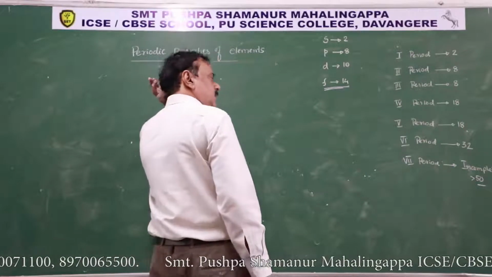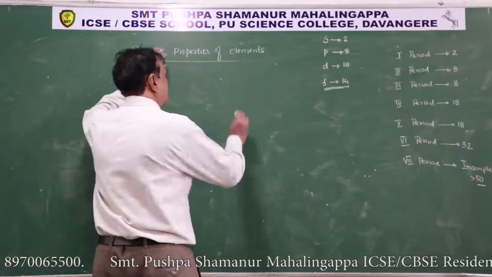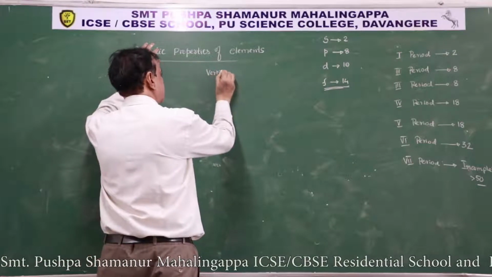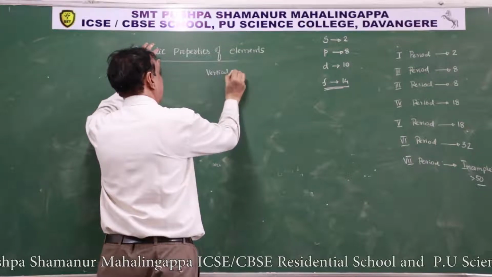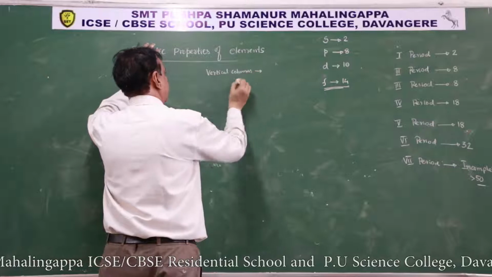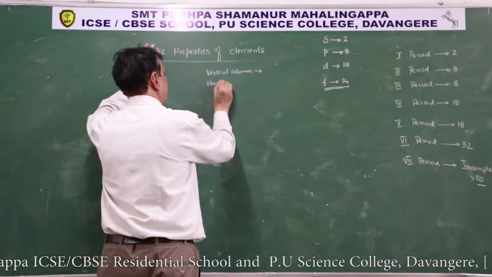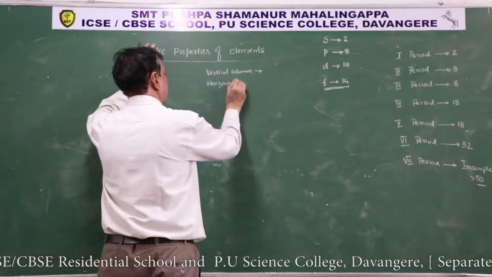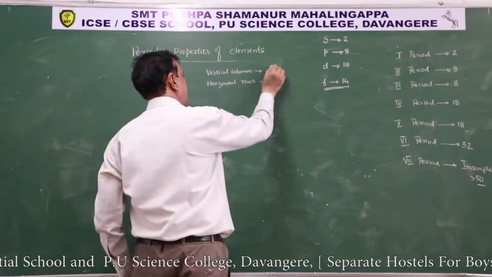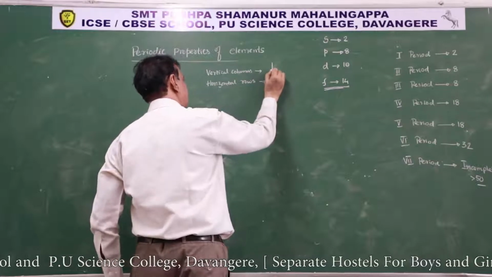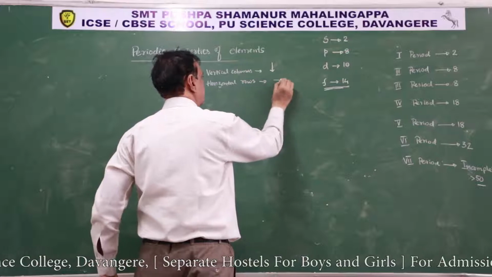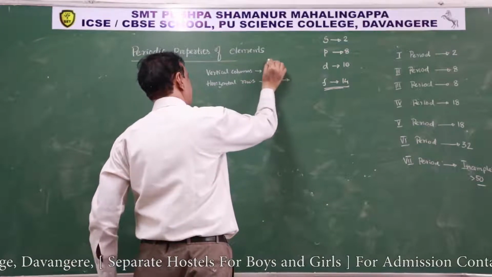See, the vertical columns and horizontal rows. The vertical columns in the modern periodic table run from top to bottom, and the horizontal rows run from left to right.